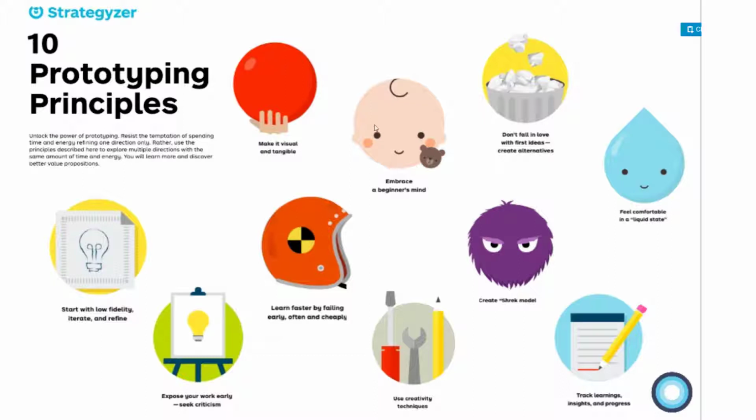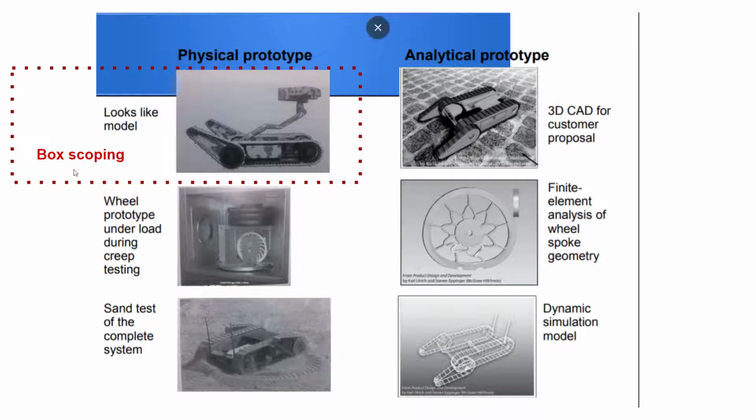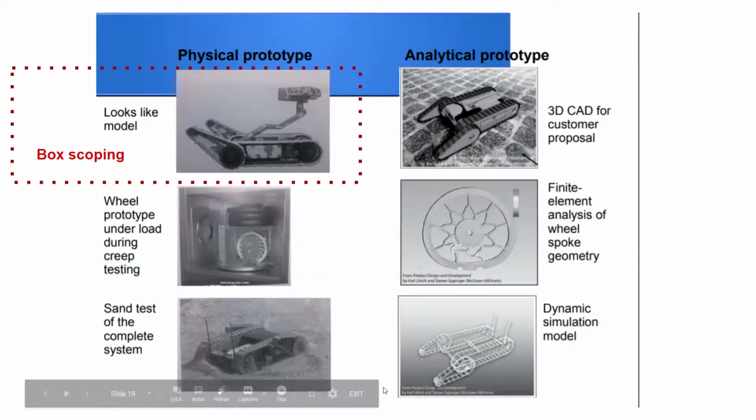And yeah, we give you a slide with some of the 10 prototyping principles that will allow you to think of validation experiments. So yeah, I'll leave you the slide so you can check the details later. But this is an example when we are talking about tests and validations. For instance, in this particular hardware project, these are different tests or experiments that you might want to do in a hardware project.